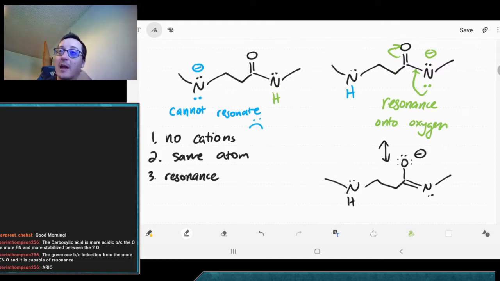This is probably actually a better structure than our original molecule was, right? Because now we have the negative charge on the oxygen rather than the nitrogen. So we're going to see that, in fact, it's probably going to favor that bottom one anyway. So that's going to be the better one there.